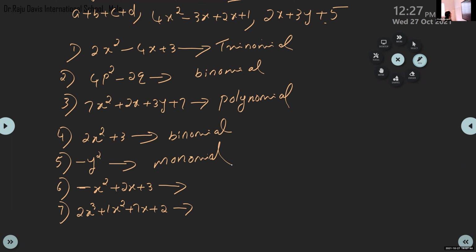Read the question. Negative x square plus 2x plus 3. So how many terms are there? 3. So if it is 3, it is called trinomial. Nihan, seventh one. Polynomial. Seventh is a polynomial. Okay.